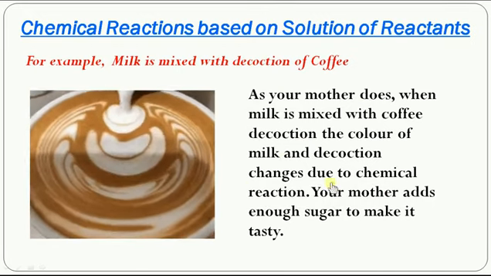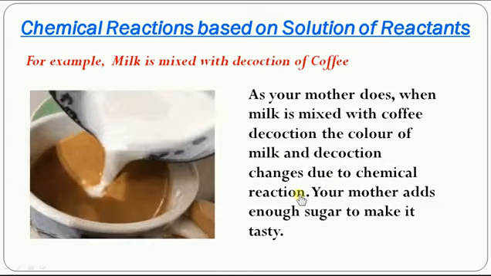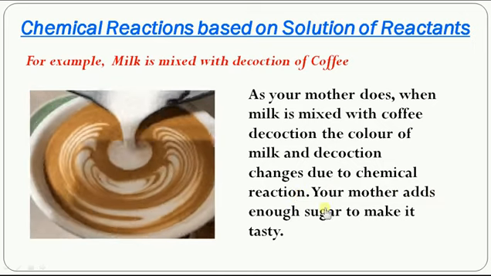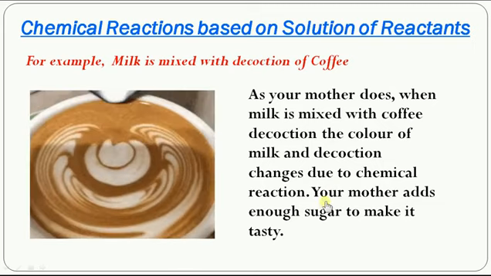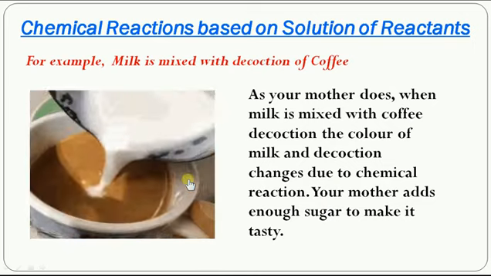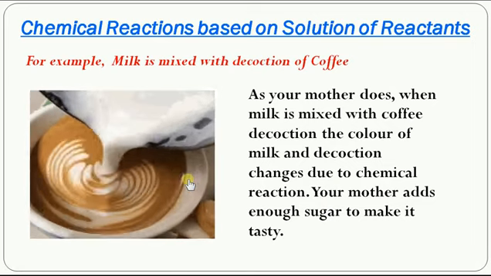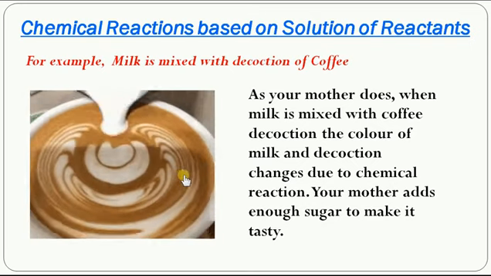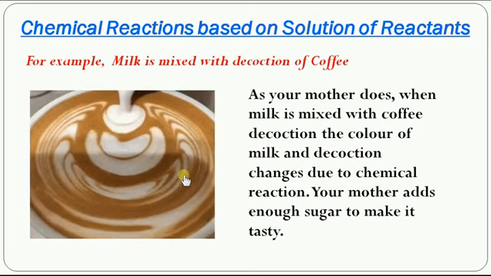The decoction changes due to the chemical reaction, right? Then your mother adds enough sugar to make it tasty too. So the color changes due to chemical reactions. When two solutions mix together, some chemical reaction happens. This we see in our day-to-day life.